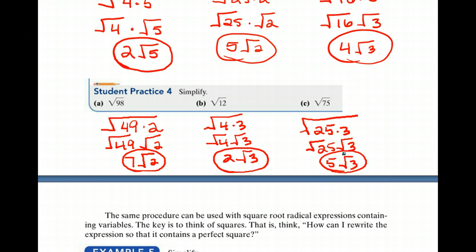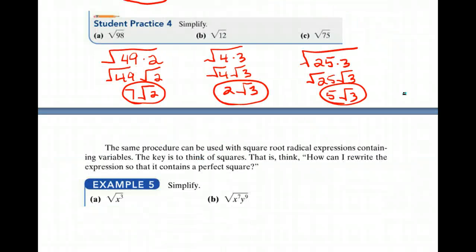So again, the hardest part about this, in my opinion, is thinking about and finding that perfect square. Sometimes you just have to go through the list of factors for that number until you find the right one.